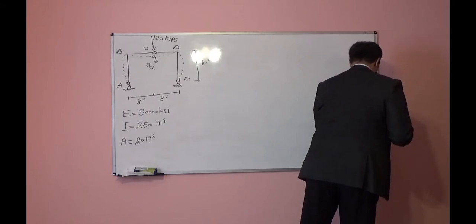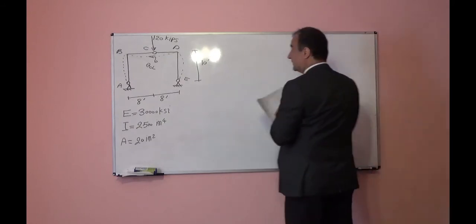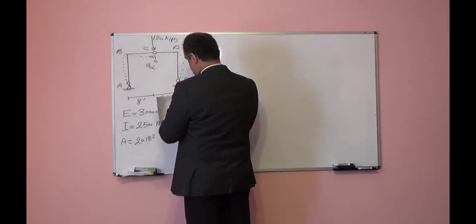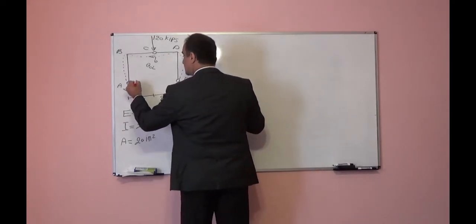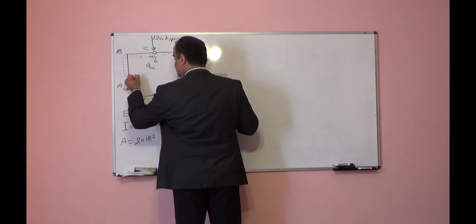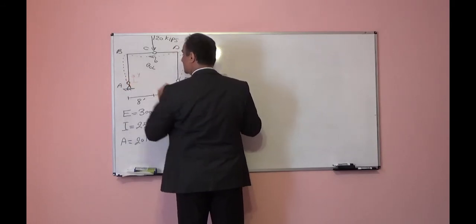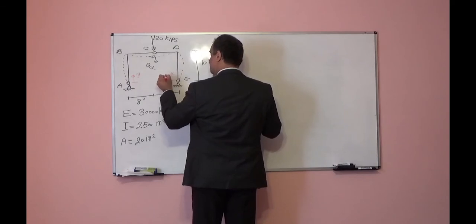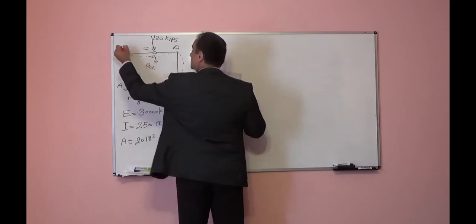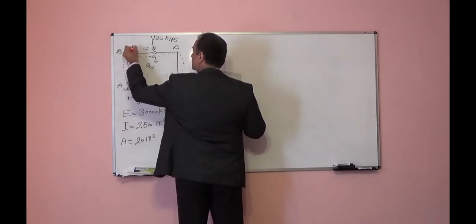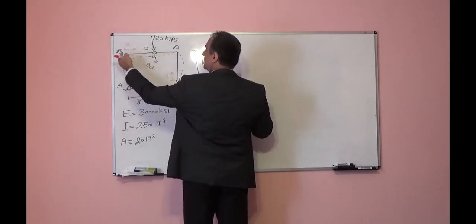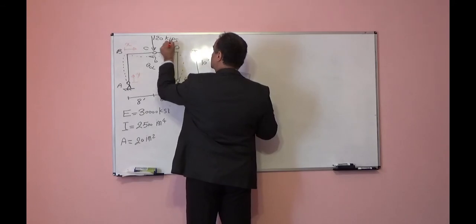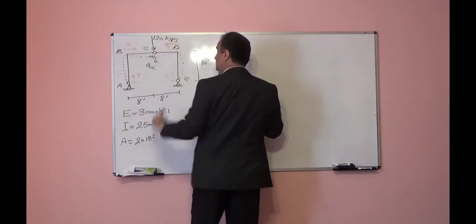Here, for integration, I will measure in this direction y from here, again y in this direction from here, x from left to right, here x from right to left.